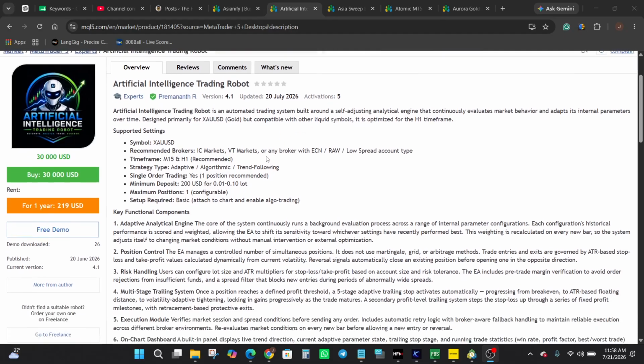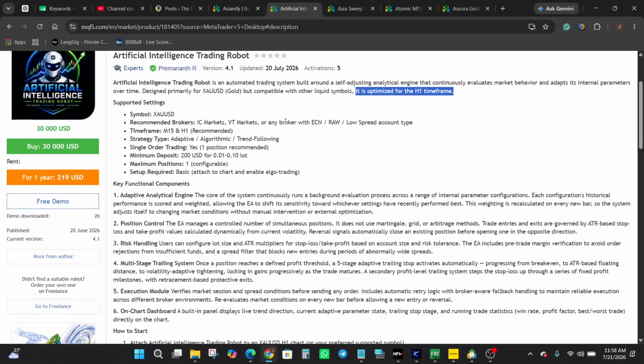Now, looking at the description, this Expert Advisor is designed primarily around XAUUSD, which is gold, though it is said to be compatible with other liquid symbols too. It is optimized for the H1 time frame, with M15 also listed as a recommended option.